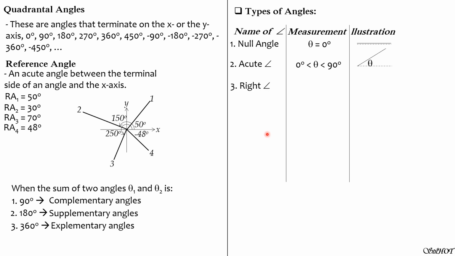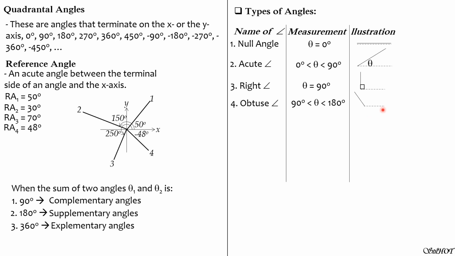Third, right angle, the angle is exactly 90 degrees. And the illustration will be as shown. Fourth is an obtuse angle, which is an angle between 90 degrees and 180 degrees. So 90 degrees is less than theta, less than 180 degrees.